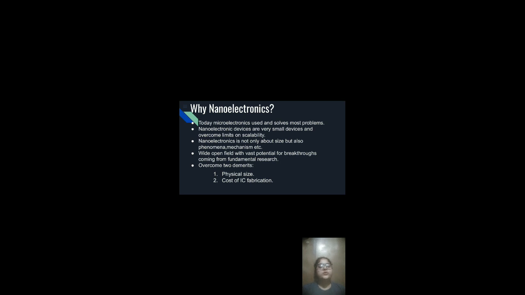It overcomes two demerits. First one is physical size and second is cost of IC fabrication. That is why we use nanoelectronics, to overcome the two demerits, that is physical size and cost of IC fabrication.